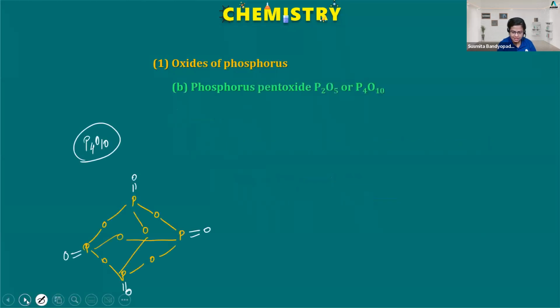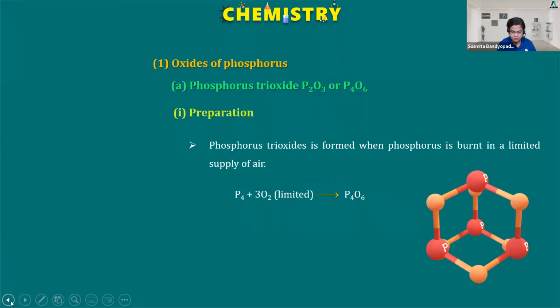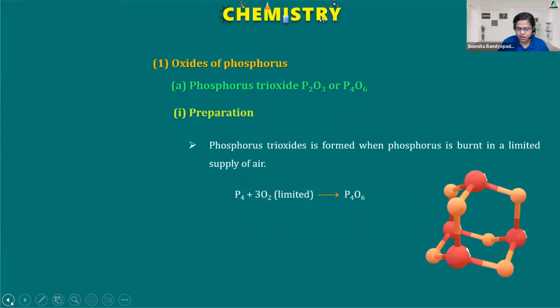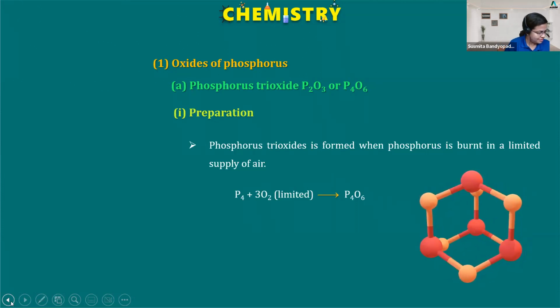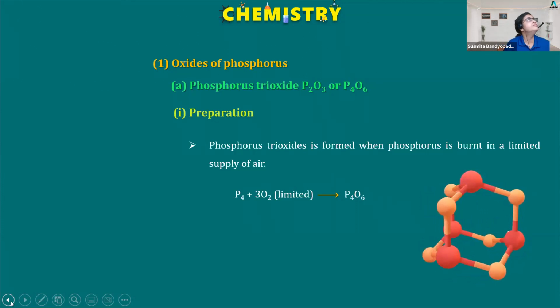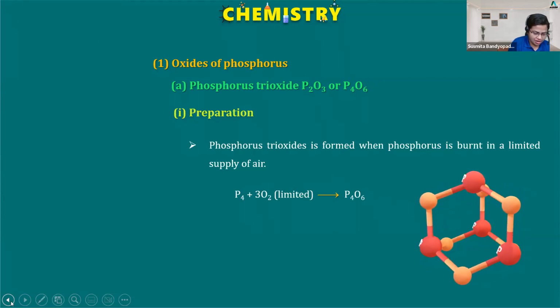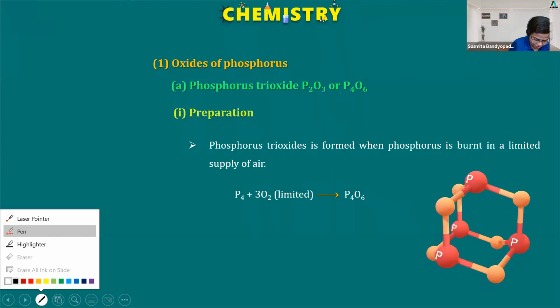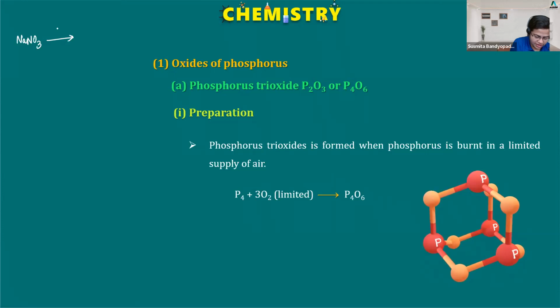Before continuing further, I thought I could see some space here, and why not ask you people a question? Give me a minute. I will give you NaNO3. Heat it.